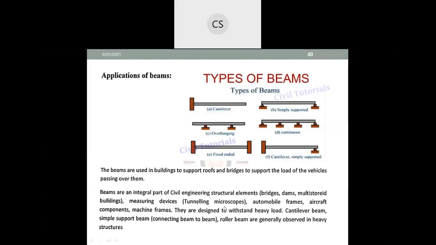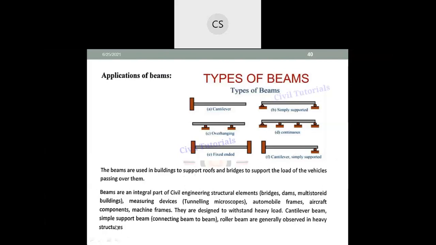This is an electronics application, the tunneling microscope, where cantilevers are used. Automobile frames, aircraft components, machine frames. So all these are again beams, designed to withstand heavy load.